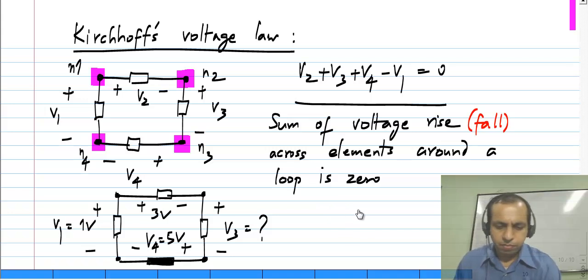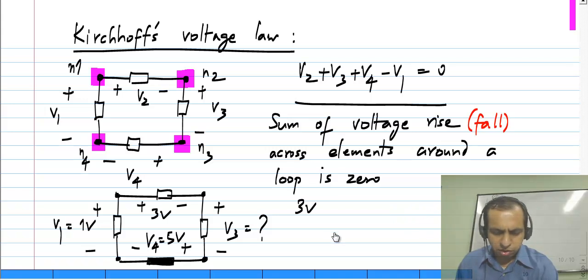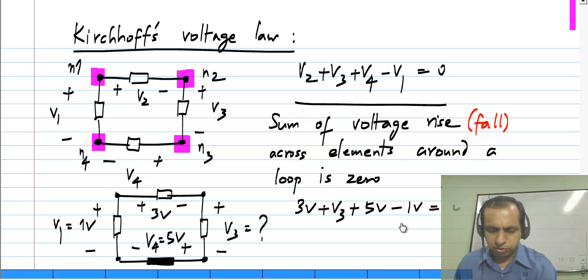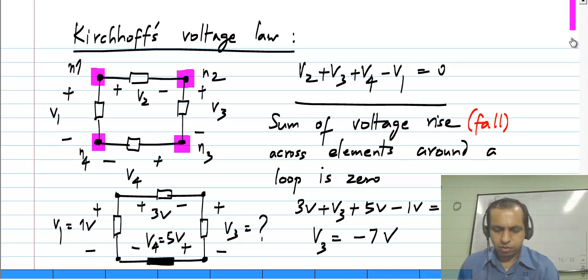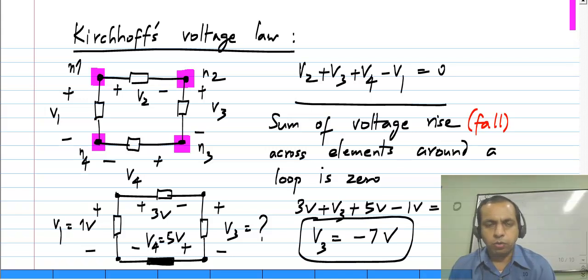What does it mean? This is equal to 0. So that means that 3 volts plus V3 plus 5 volts, which is V4, minus 1 volt, which is V1, equal to 0. And this tells you that V3 is minus 7 volts. So you can calculate an unknown voltage.